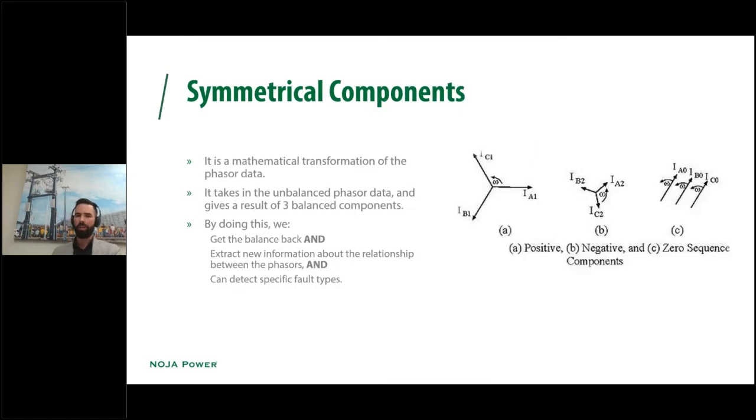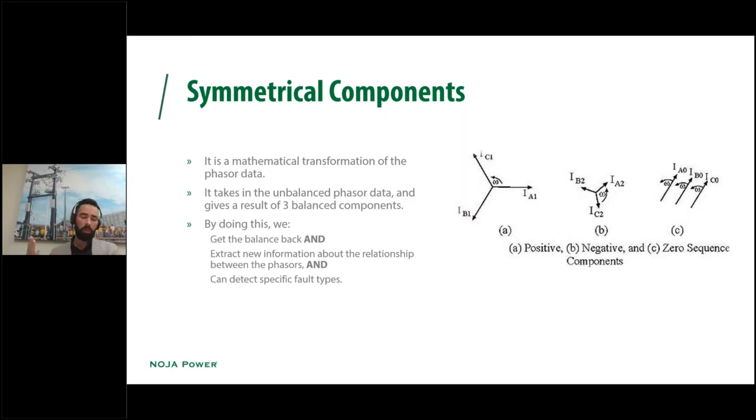So let's introduce those symmetrical components, right? They're a mathematical transformation of the phasor data that we gather from each of the individual phases, whether they are currents, voltages, or impedances and power and so on too. It takes that unbalanced phasor data and it gives you a result of three balanced components that we know something about.